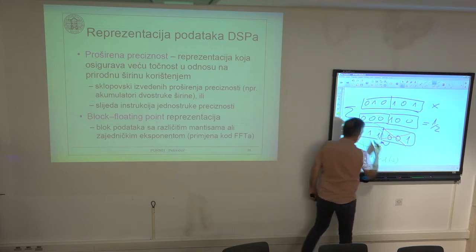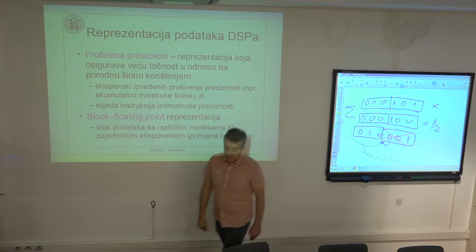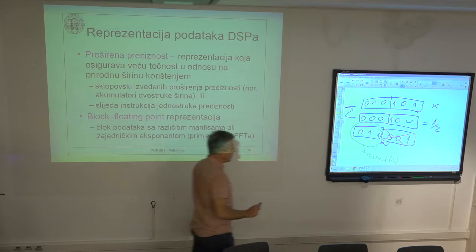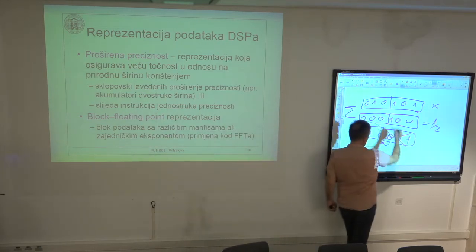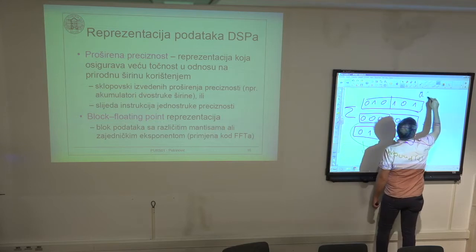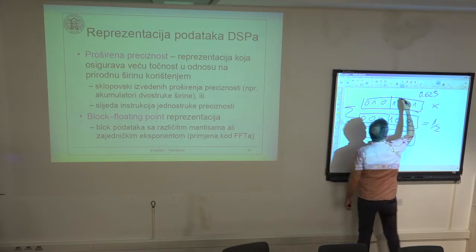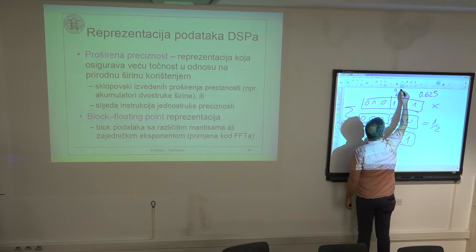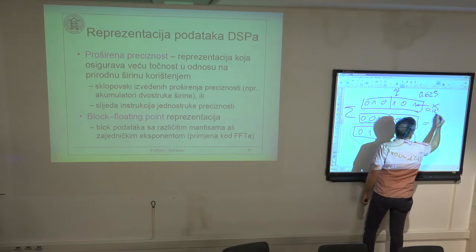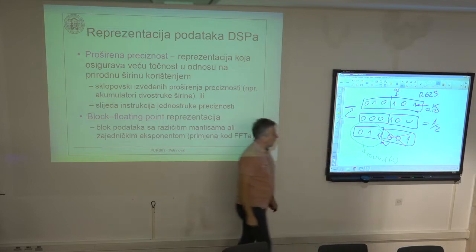Of x. In our case it is value 3, because this fractional part was larger than or equal to 1/2. In our case it was equal to 0.625, because this is 0.5, and this here is 0.125, 1/8.